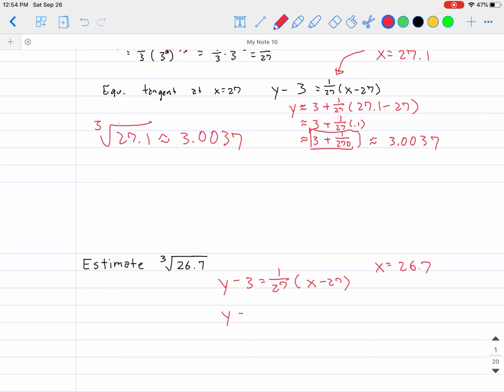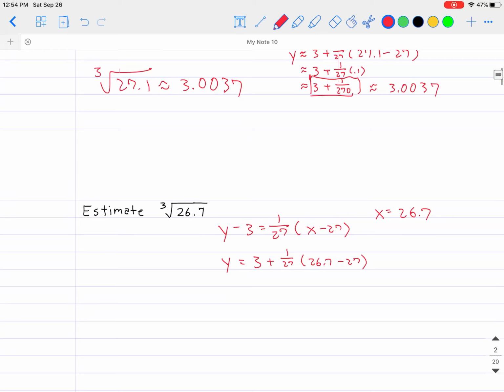So plugging that into the equation, we have y is equal to 3 plus 1 over 27 times 26.7 minus 27. And if you notice, this time you're going to get a negative number. So it's going to be 1 over 27 multiplied by negative 0.4. So my round off is going to be 3 minus 4 over 270 then. So that's going to be my approximation in this case.